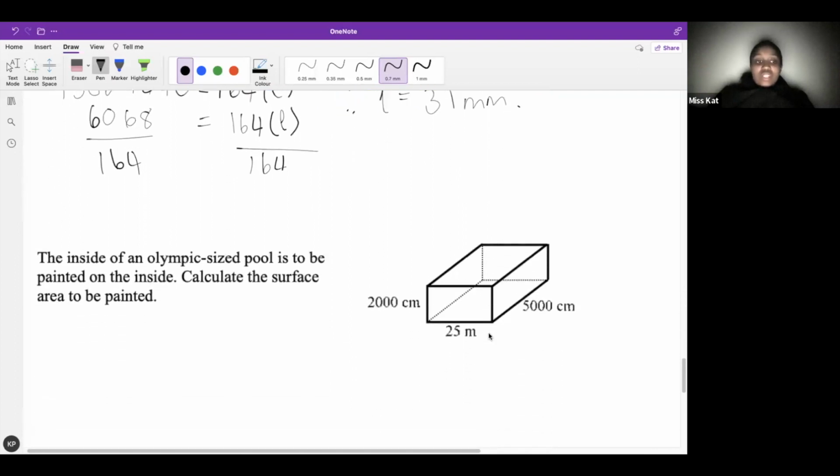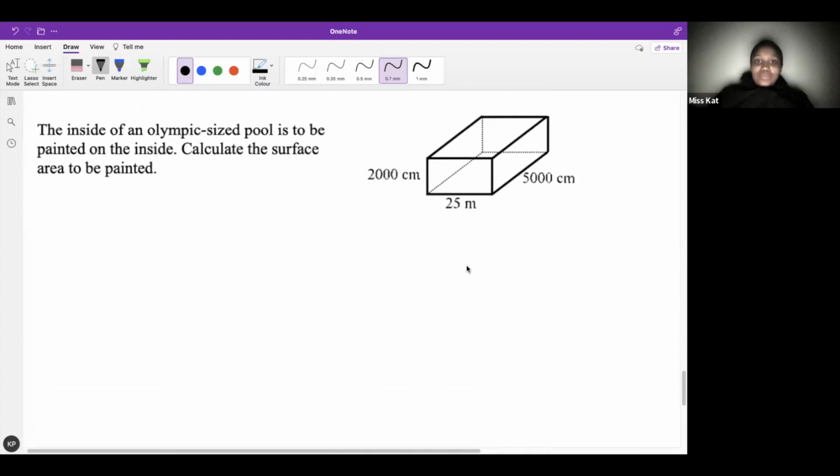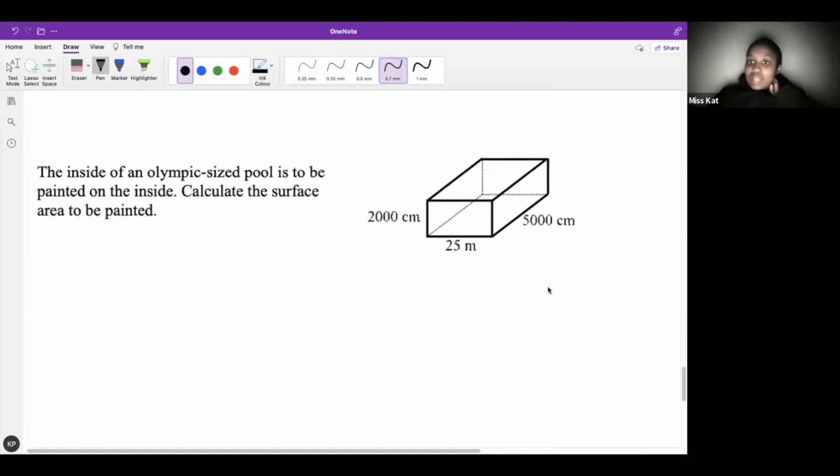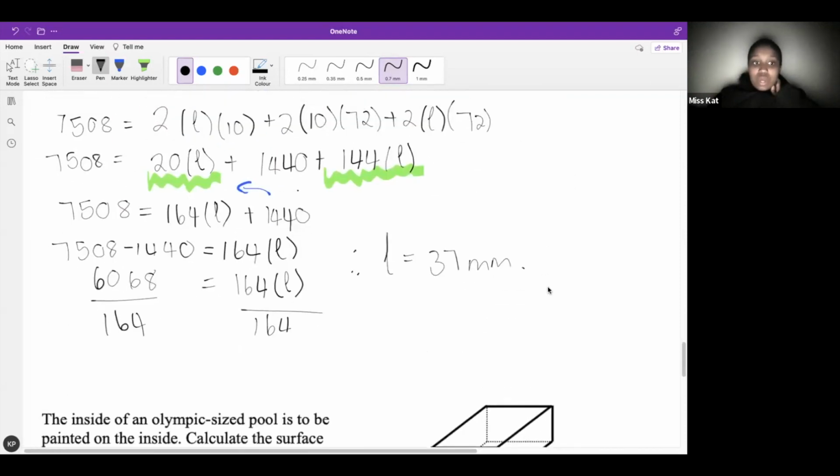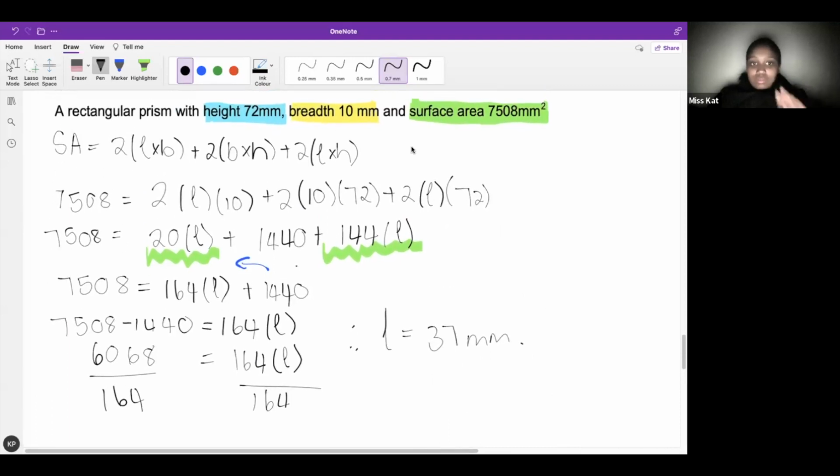Of course, I can't let you guys leave without a proper check. What happened to the L at 1440? There was no L. Remember, 1440 was 2 times breadth times height. We had our breadth and height. The height was 72, which was the blue one, and the breadth was 10.